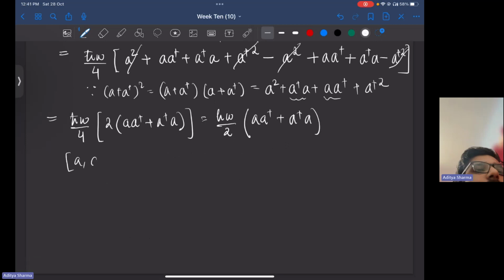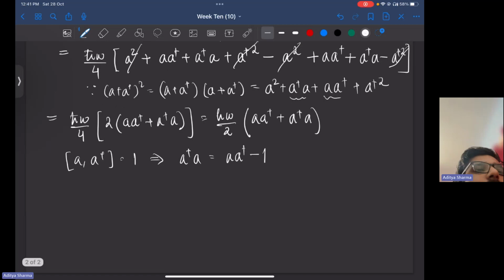We have the commutation relation equal to 1, which means that a a dagger is equal to a dagger a plus 1.